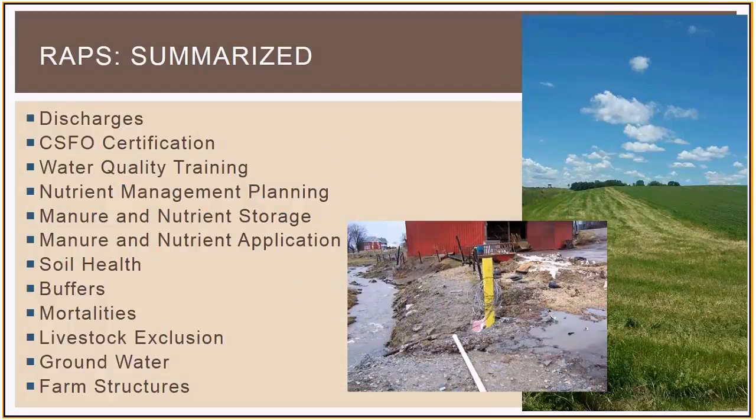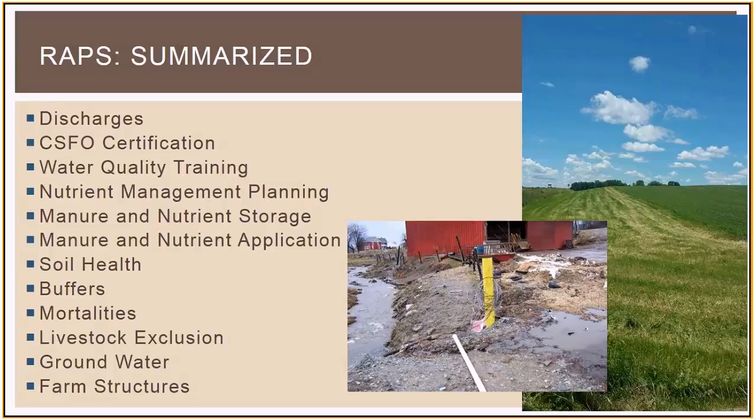So for the RAPs, when they came into effect, these are the different sections of the RAPs. We're not going to spend this presentation going through and describing every single section of the RAPs because that's already happened.